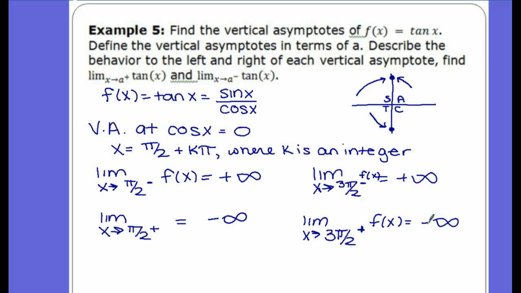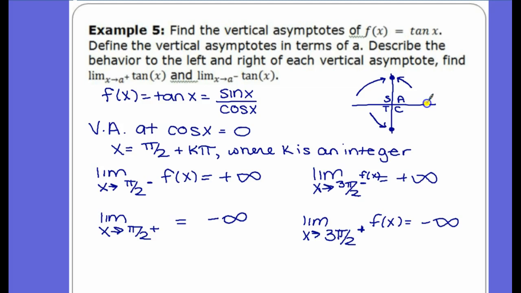Yeah, Anna? I'm confused on why the first line is positive. This one? Yeah, because aren't you going at it from the left side? So think about the way the unit circle works. When the unit circle starts, this is quadrant 1. I'm going to do it in yellow so you can see me. So you start in quadrant 1 right here. This is at the sine of 0, let's say.